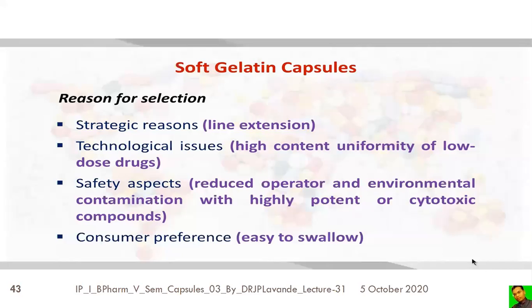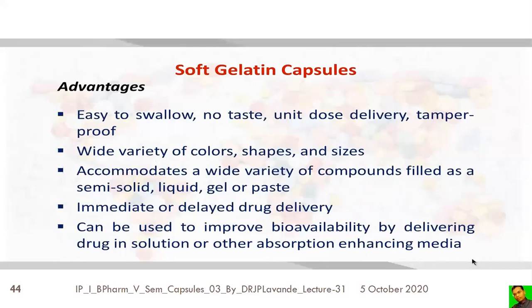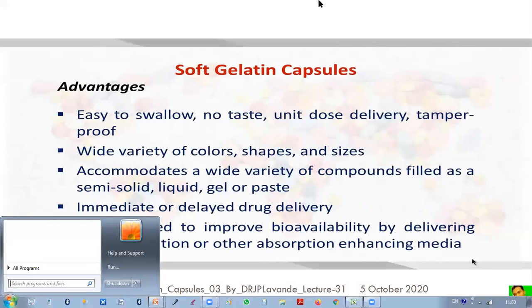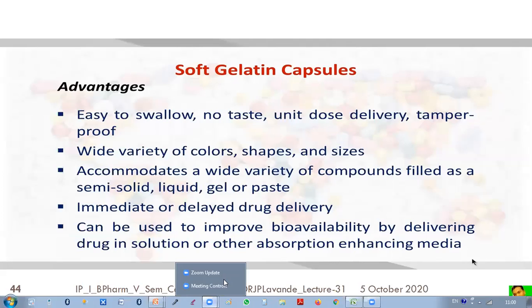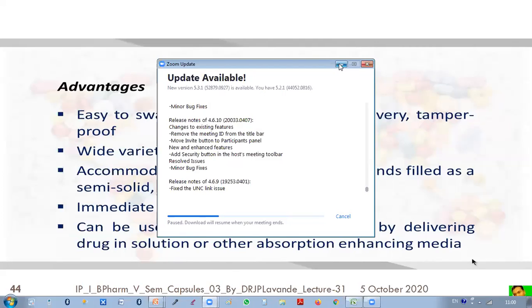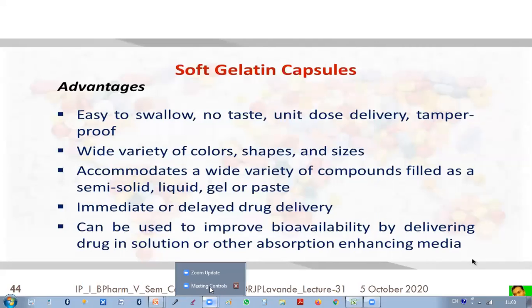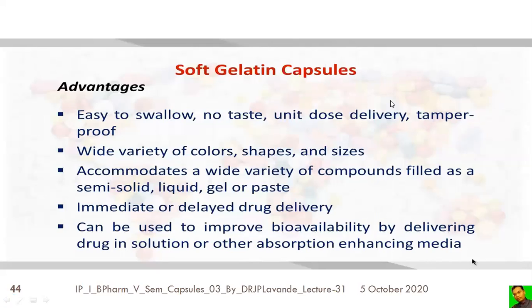Consumer preference, because of their soft nature. These are easy to swallow through the esophagus. That is the advantage associated with the soft gelatin capsule, and because of which there is no taste, there is unit dose delivery, and there is tamper proofing.